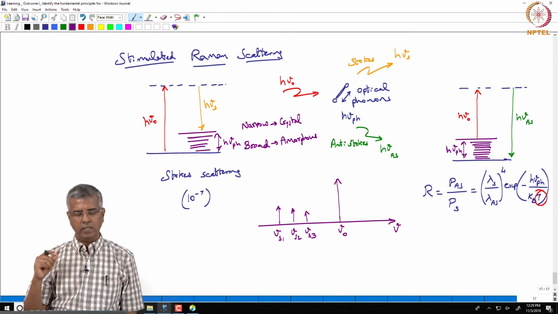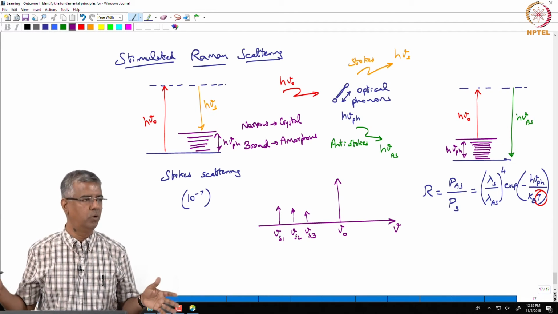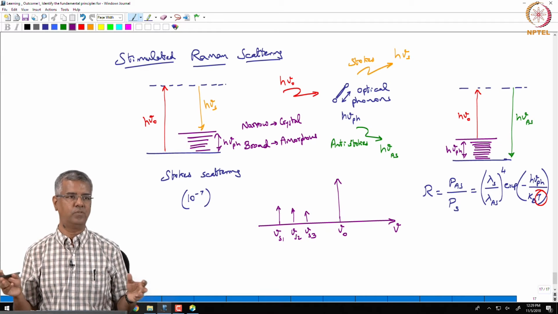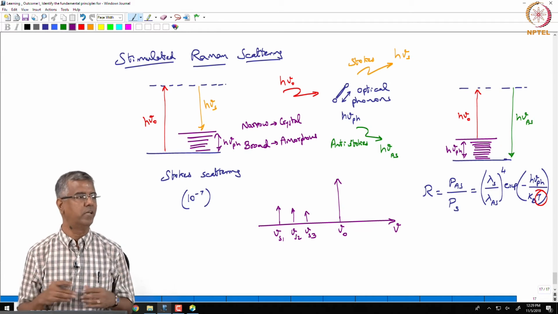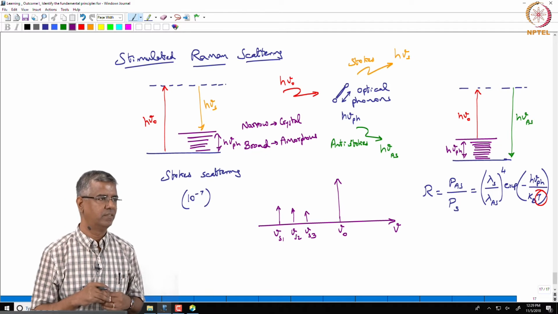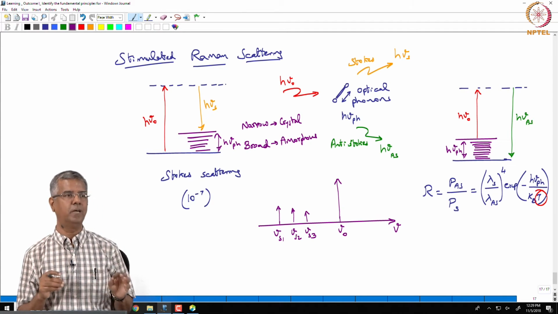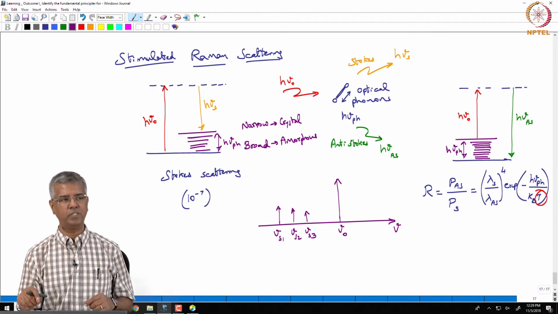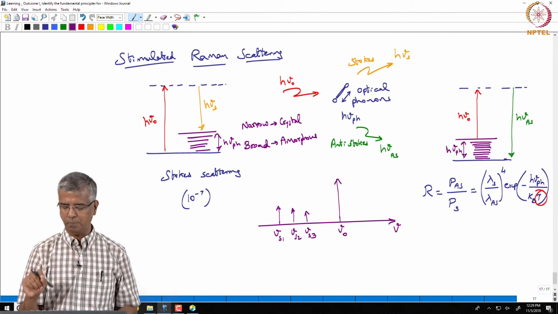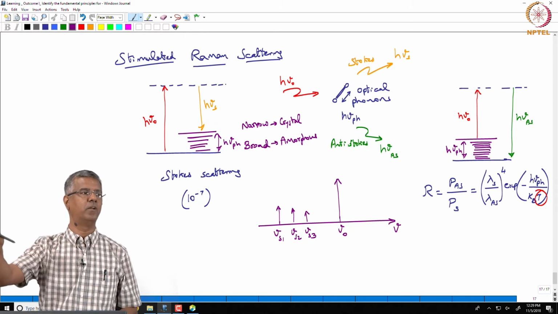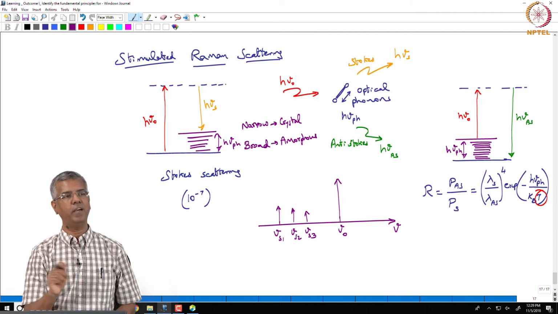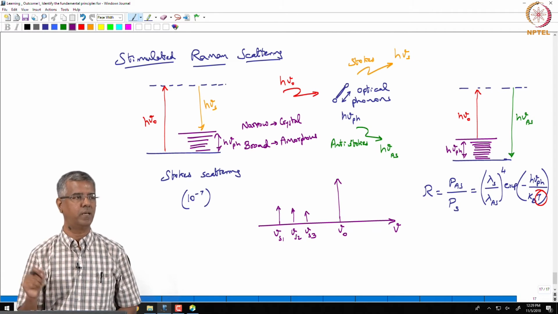And let us say I have mapped out all the phonon energies corresponding to all molecules in general. Then I have a clear fingerprint for each molecule. So, if I say I am seeing a peak around this point, then you say this must be this molecule, right. So, you can identify what are the different molecules that are present in that material.